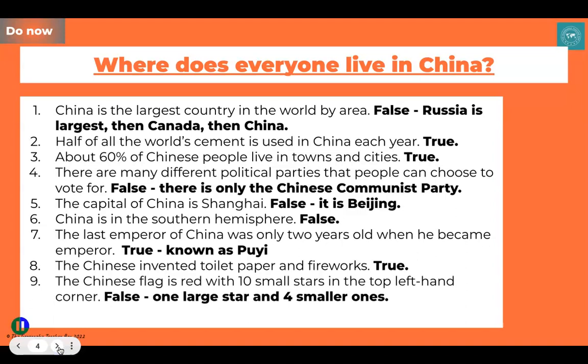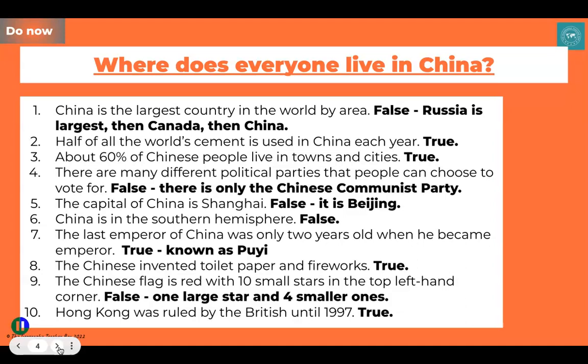Number 9, the Chinese flag is red with 10 small stars. That is false. It is definitely red, but there's only one large star and there are 4 smaller ones. And number 10 is true. Hong Kong was ruled by the British until 1997.